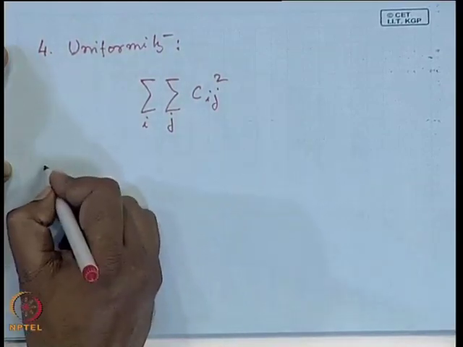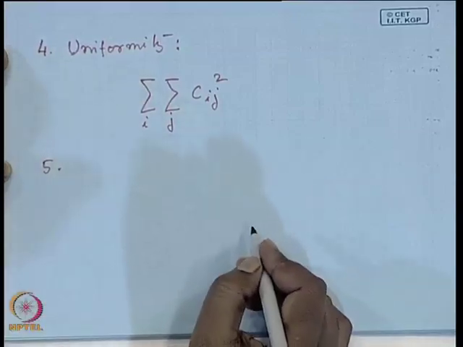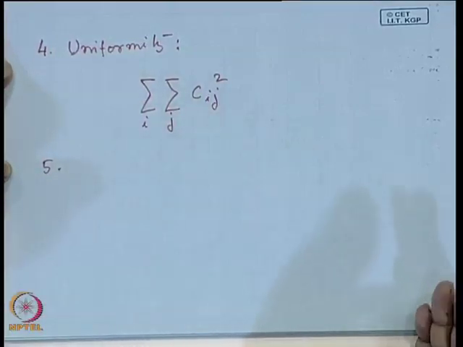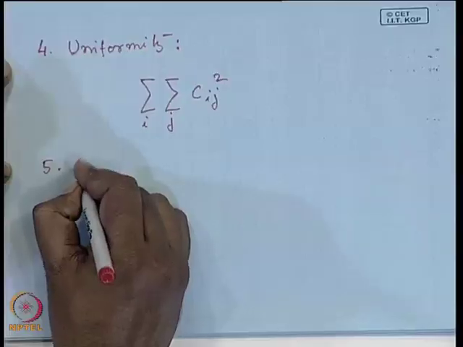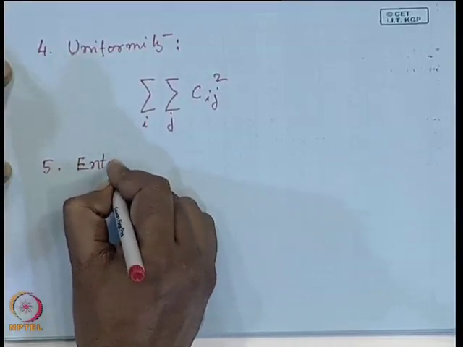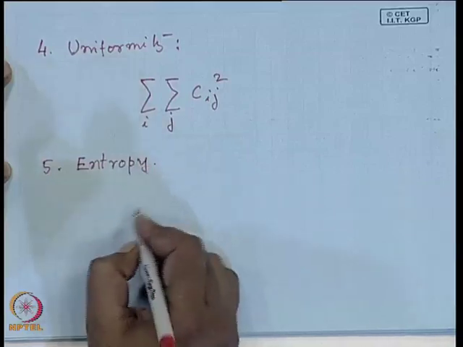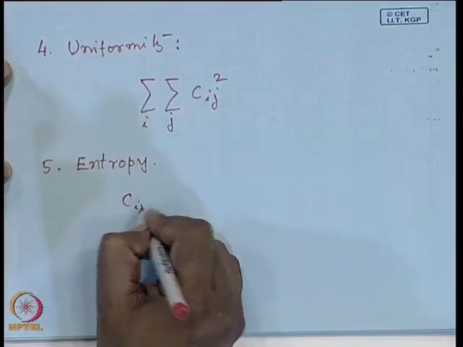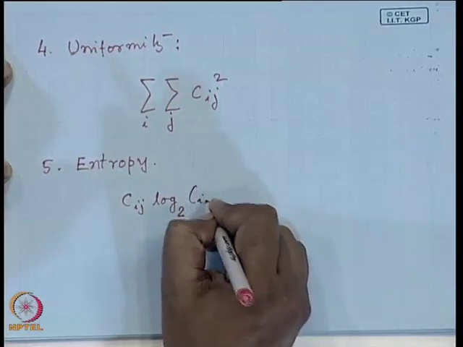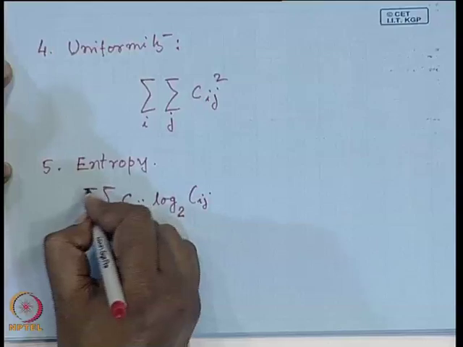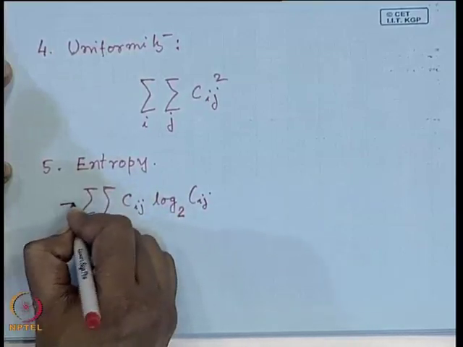Okay. And the other feature which is typically obtained from the Cij: because Cij gives you the joint probability of occurrence, jointly I and j, how they occur following the position parameter, and whenever I have a probability measure, I can define something called entropy. So, I can also find out the entropy, and as you know, the definition of entropy is given by the summation over I and j of Cij times log with respect to base 2 of Cij, negated.